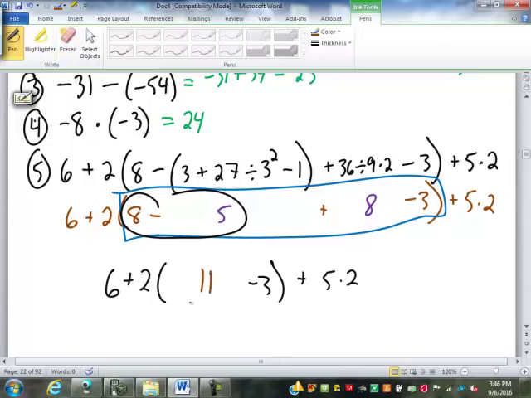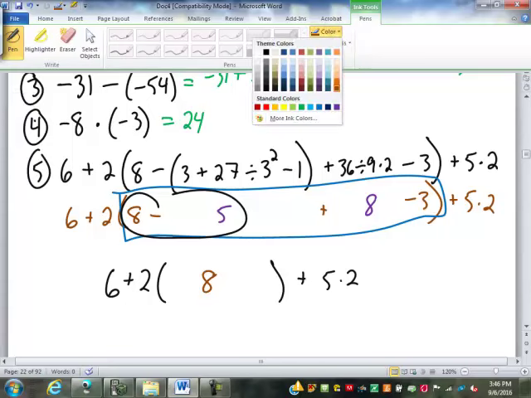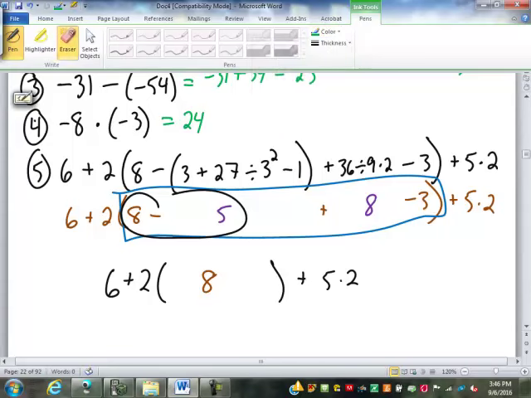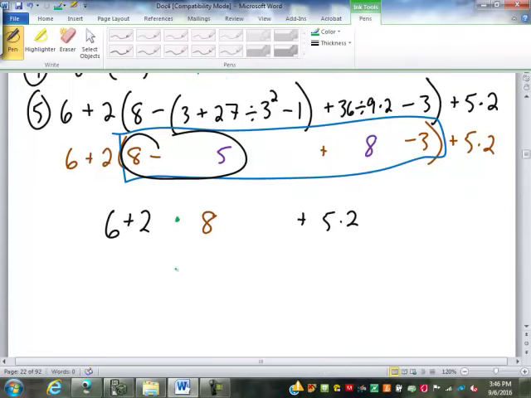Minus 3 is 8, right? So we're down to just 8 inside the parentheses there, which means we can get rid of the parentheses. This time, however, when we get rid of the parentheses, what do we have to remember to do? Put in our multiplication. So now we're done with that enclosing symbol.